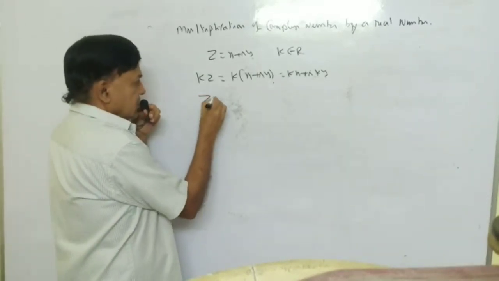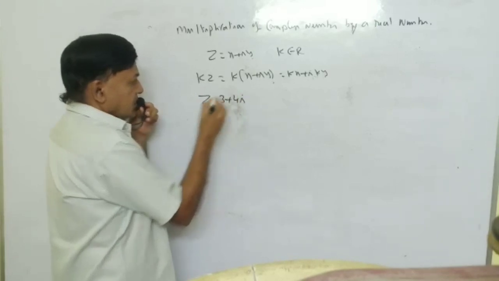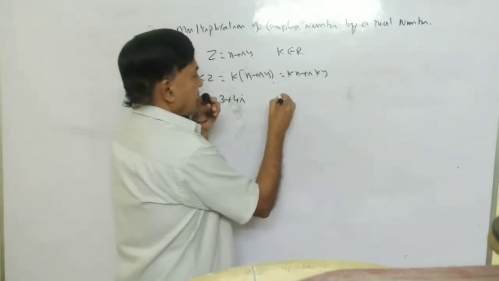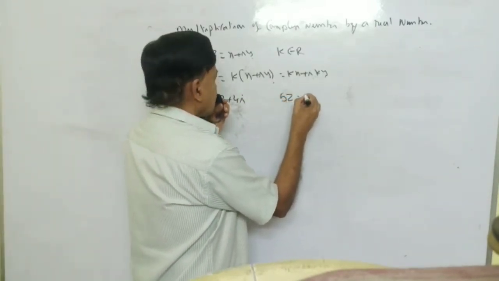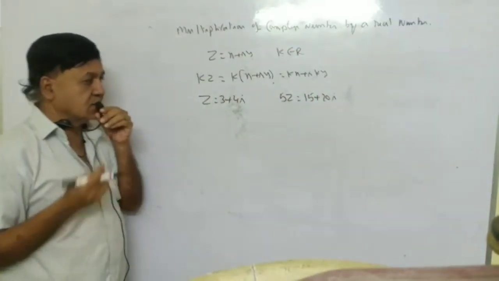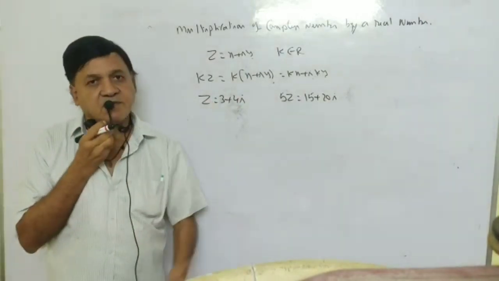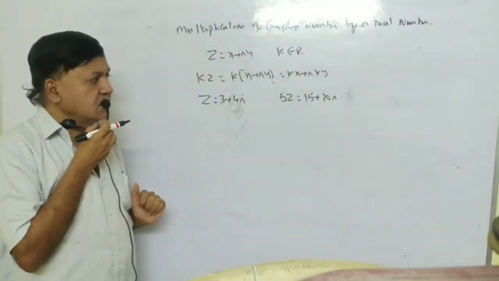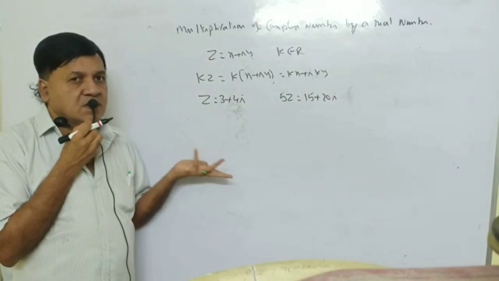For example, Z is equal to 3 plus 4i. What is 5z? It is 15 plus 20i. You multiply both parts by 5, so 5z is equal to 15 plus 20i.